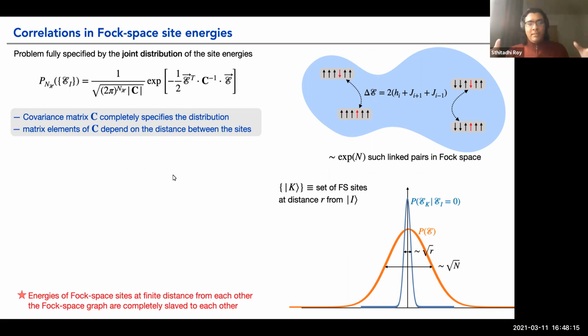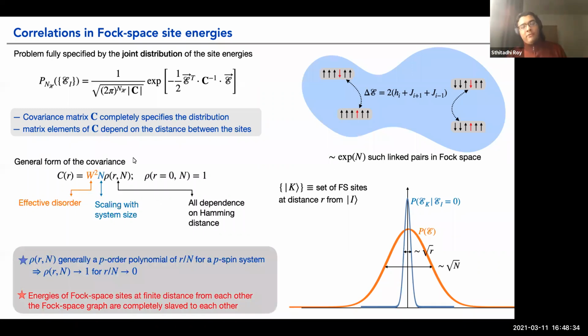So this is a major simplification because all I'm saying is that you give me this gigantic covariance matrix and you ask me what is C_ik. I don't need to know what the spin configurations i and k are. I only need to know the number of spins that are different between the two Fock-space sites or the two configurations. In fact, what you can show is that the general form of this covariance has basically three parts.